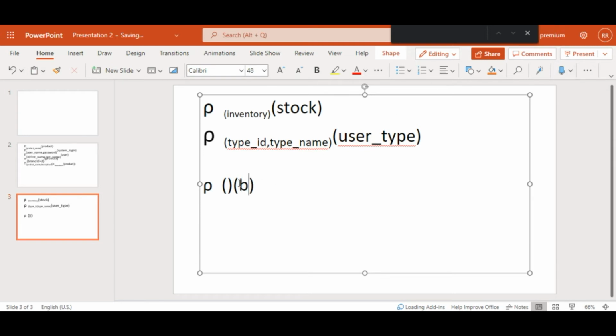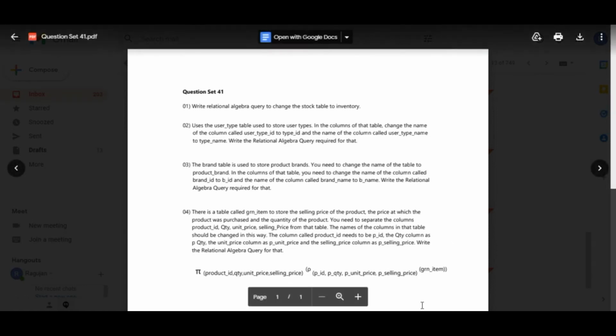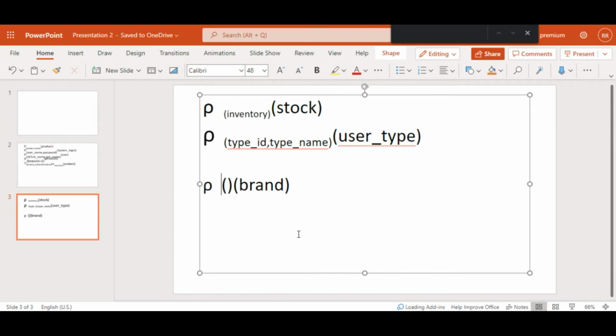So we are working on the brand table, and now we are going to change the brand table's name first. The new name would be product brand. You can mention the new name outside of the column like this, brand.